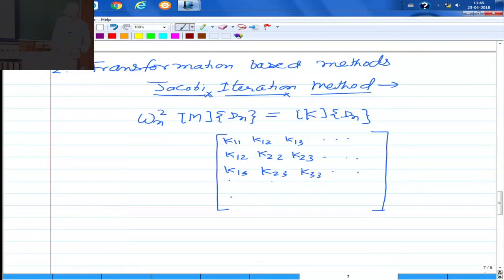Now, because we do not know the modal vector, we will have to find that out. What we know is the property that if we find the modal matrix, then when we multiply the modal matrix transpose into the modal matrix, we finally get a diagonal matrix. Since we do not know that, we want to construct it.